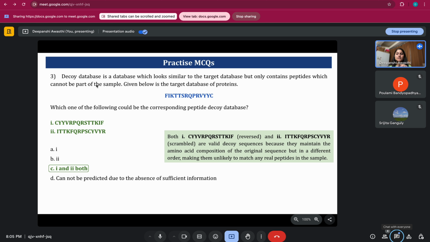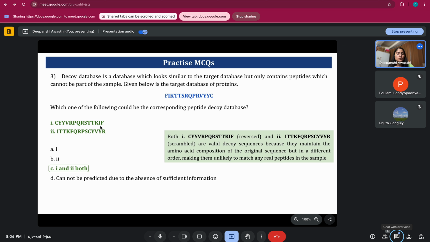So we should have decoy sequences available, so that whenever we map the peptides' mass-to-charge ratio to their sequences, we can be sure whether that assignment or mapping is accurate. Because if they are also mapping to decoy sequences in higher amounts, that means I am not able to properly map my peptide fragments generated by mass spectrometry. That's why the decoy database has an important role in verifying your results.